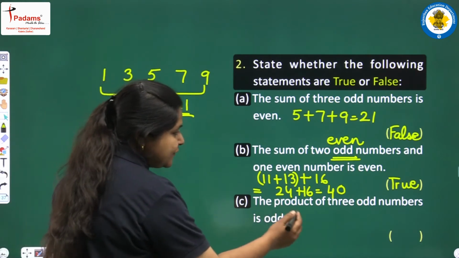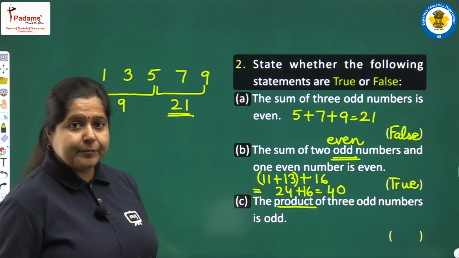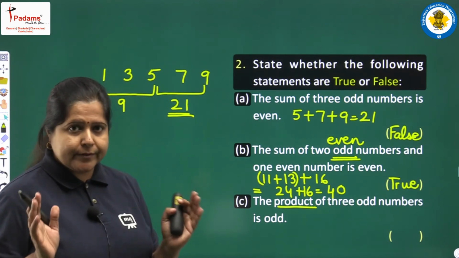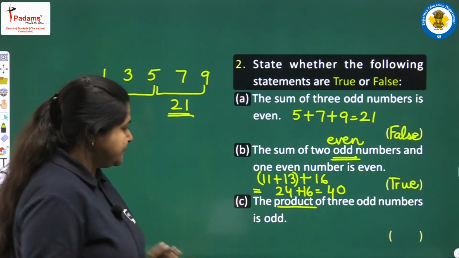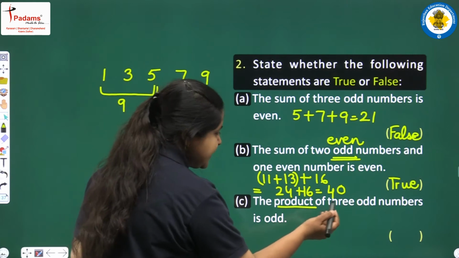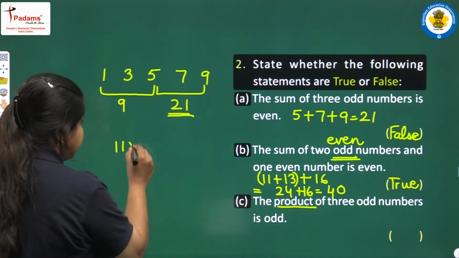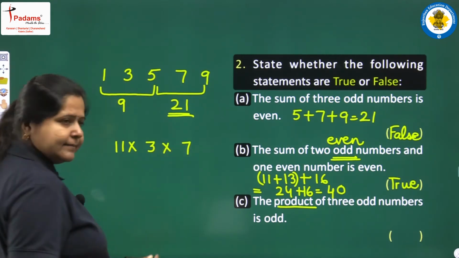The product of three odd numbers is odd. Product means multiplication. Whenever we multiply two or three numbers, the answer that we get is called the product. So here we take three odd numbers. Let us take 11, then 3, and let us take 7.